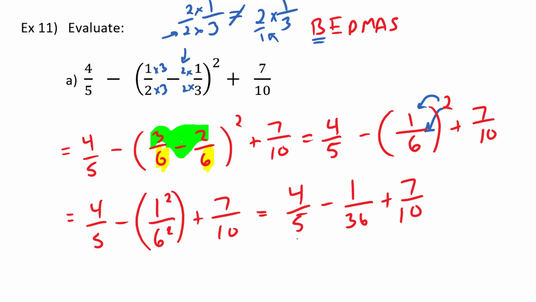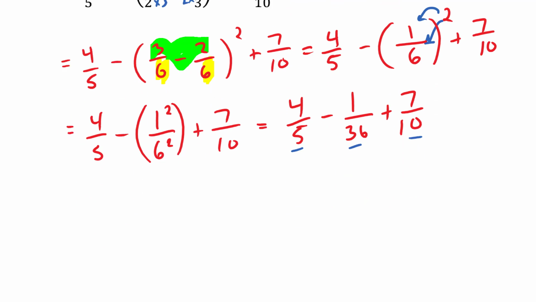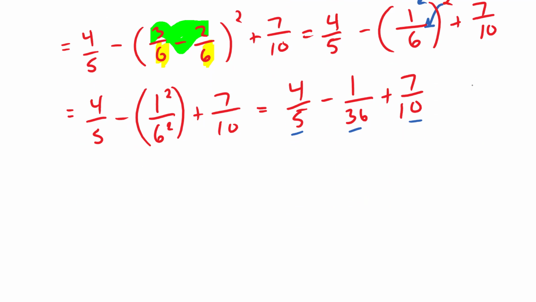Once again, you can see we have unlike denominators. We must find a common denominator. We're going to try and find the lowest common denominator. To do that, let's do some prime factorization. We're going to break down 5, 10, and 36. 5 is a prime number. 10 is 5 times 2.